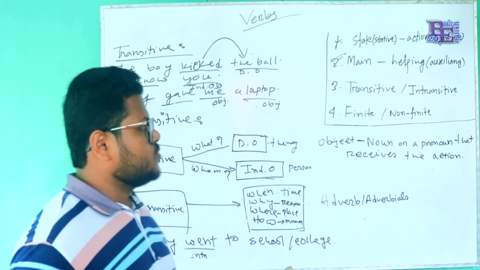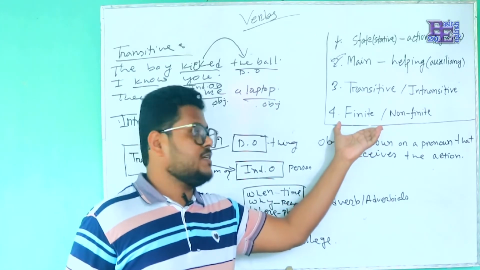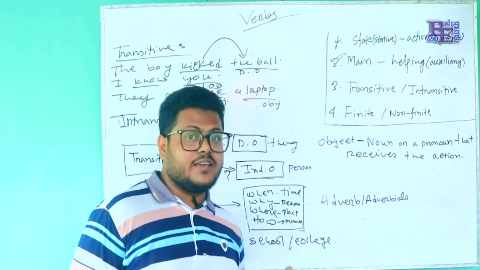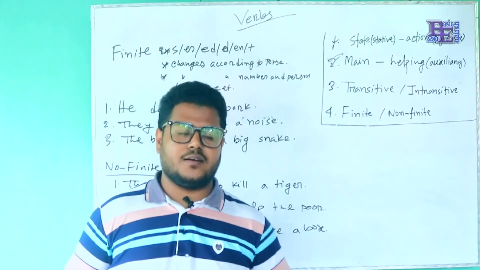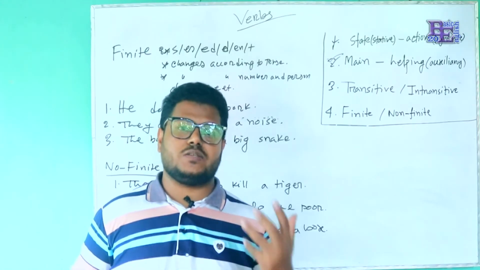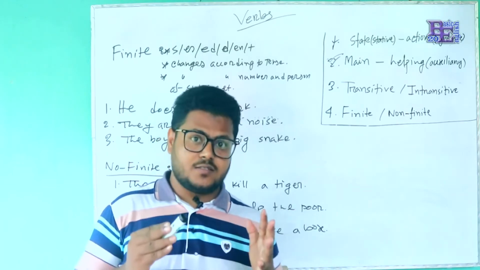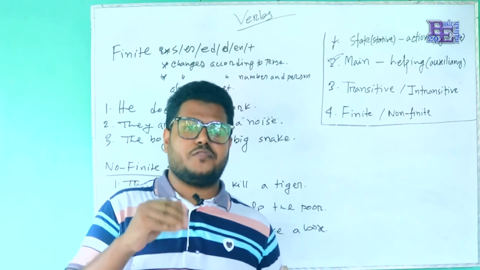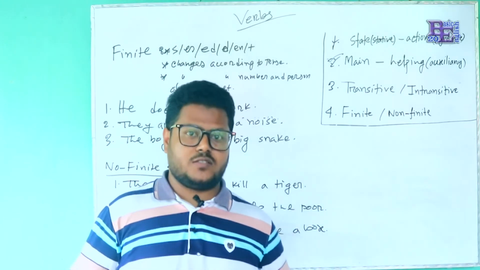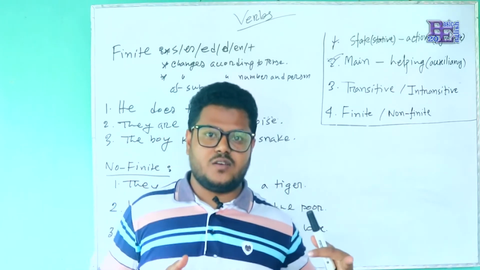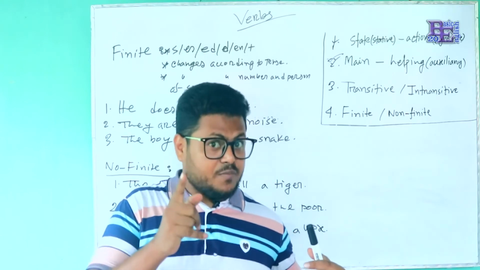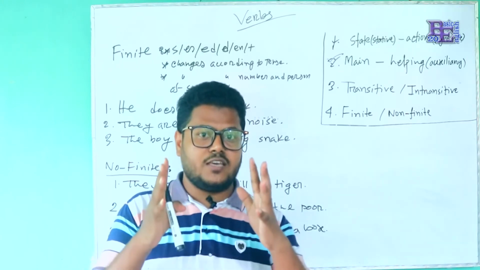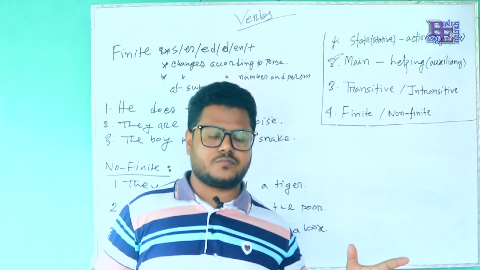So let's move on to the final one, that is finite and non-finite verbs. First of all, let's know what a finite verb is and what a non-finite verb is. A finite verb completes the meaning of a sentence without taking any help from any other verb.